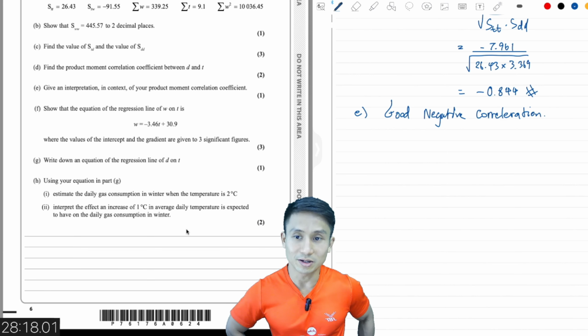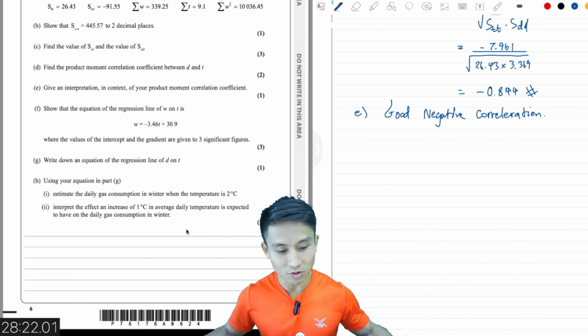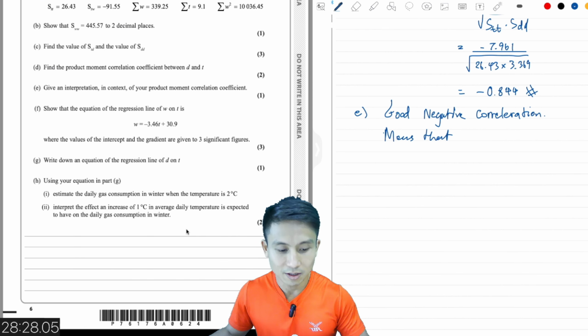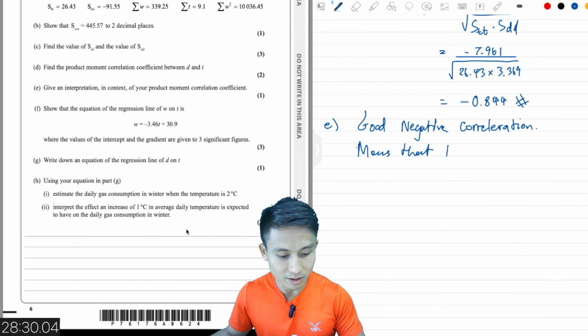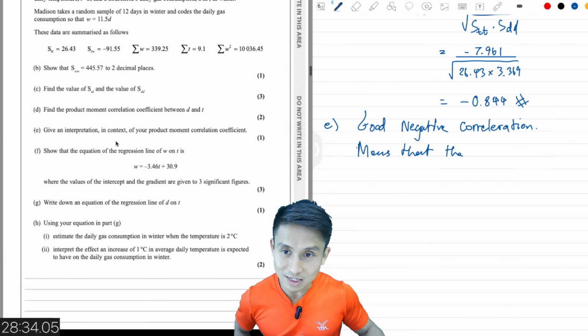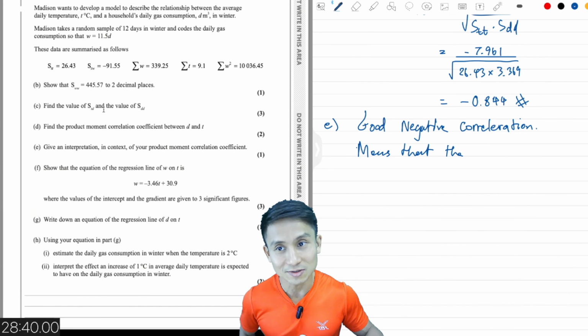Because it's a negative correlation, this means that, what will be y, what will be x here? This is TD, so D is the dependent variable and T is the independent.